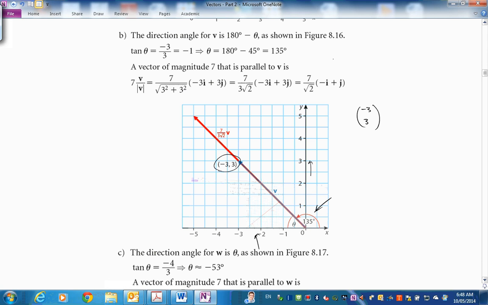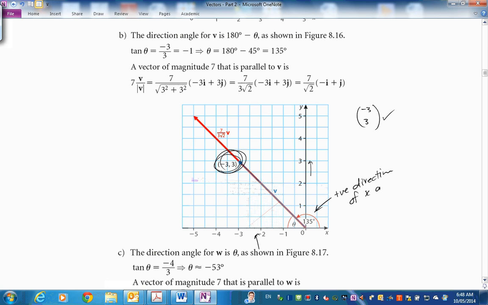Please note that this notation from Pearson's is not preferred by the syllabus. They like the column vector, this one here. Anyway, if you plot that, we find this is the angle over here with the positive direction of the x-axis.